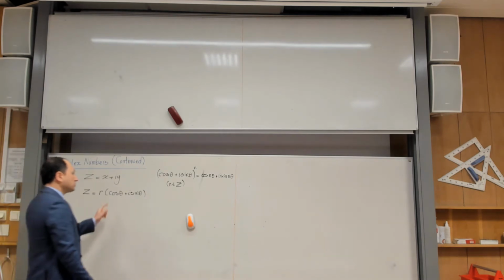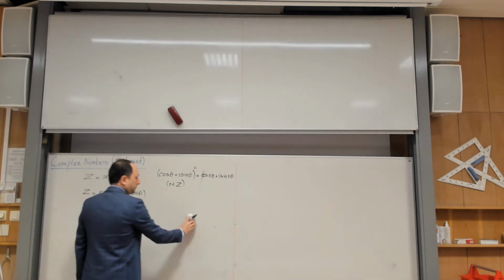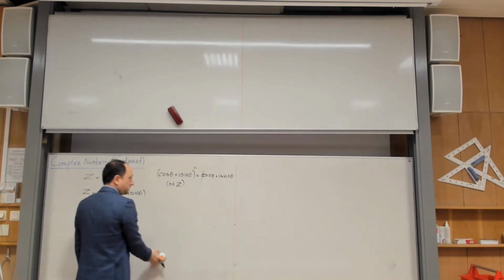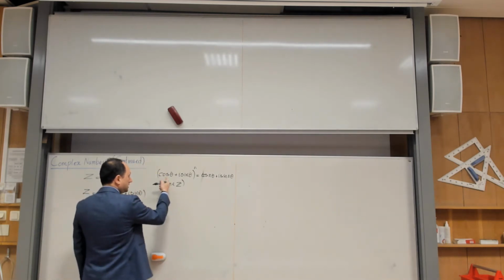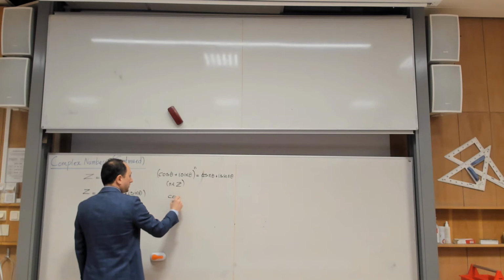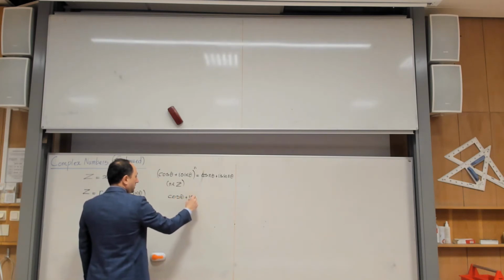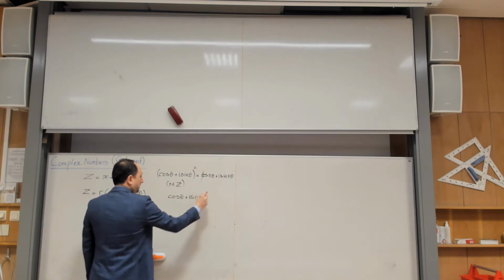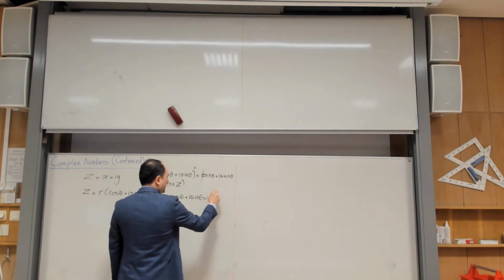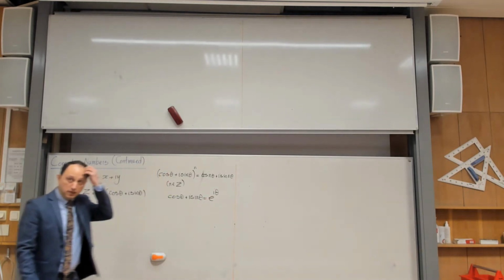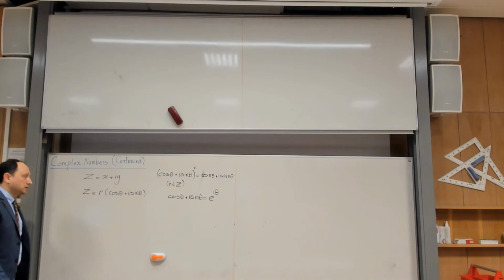But then we also learned about Euler's formula. I tried to motivate you why this is correct, and we learned that this combination, cosine theta plus i sine theta, can be written in this form, e to the power of i theta. So this is Euler's formula.